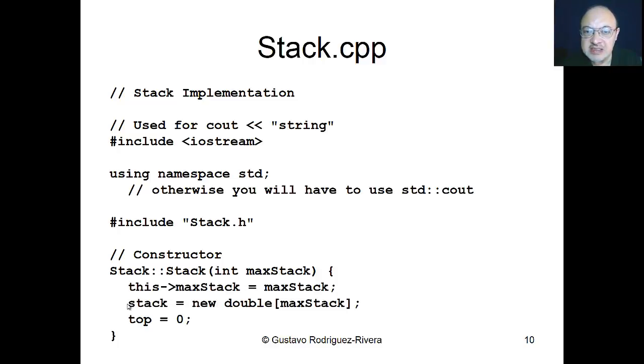Here we don't need this, because it assumes that if there is a variable that belongs to a member, that is the member variable of the class that we defined before, then we don't need to add the this. In this case, we use the this->maxStack in here just to disambiguate that the maxStack was a parameter and also the name of a member variable. Then we have top equal to 0. So we initialize the member variables inside the constructor.